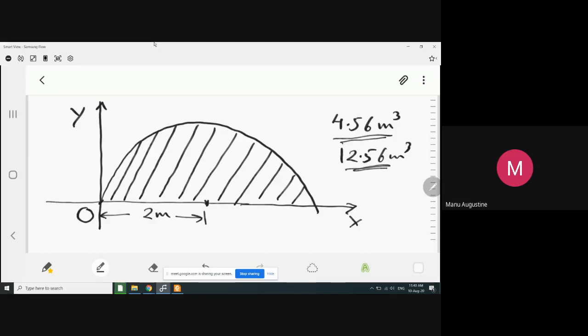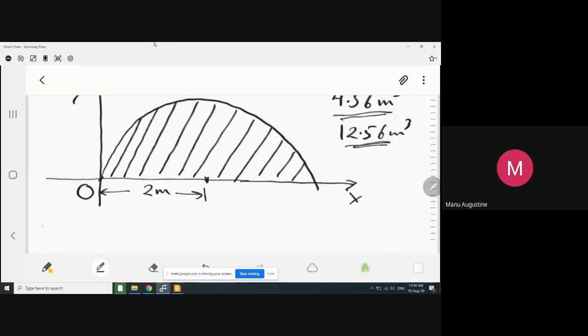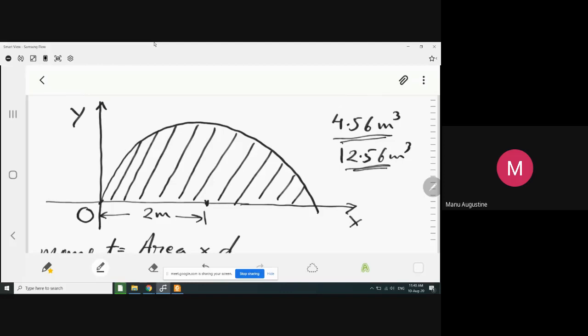First of all, the concept of moment is area itself has to be obtained multiplied by distance from the said axis. Now, in this case, the distance of the centroid has to be taken to the y-axis. So, in order to do that, first of all, you have to locate the centroid.